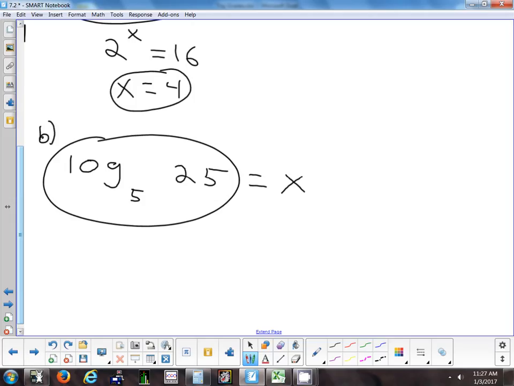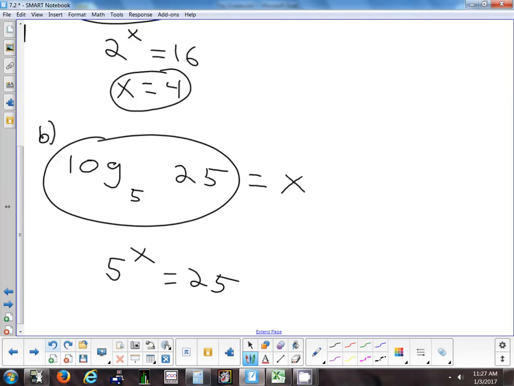It would be 5 to the power of x equals 25. Okay, so we've rewritten it without the word log.